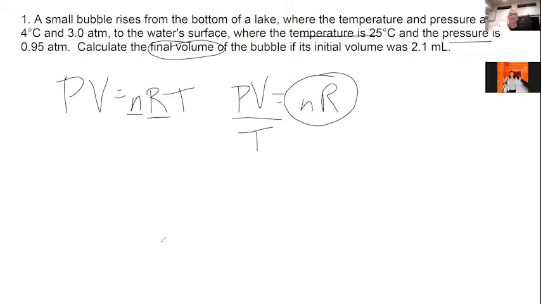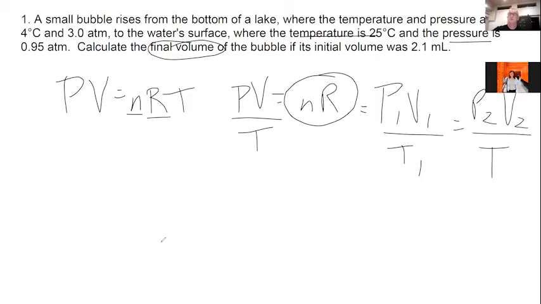So whenever I multiply pressure and volume and divide by temperature, I get a constant, meaning that if P1 V1 over T1 is equal to nR, then P2 V2 over T2 is also equal to nR, meaning they're equal to each other. So instead of having to memorize whatever that particular gas law is, you just derive it whenever you need it.